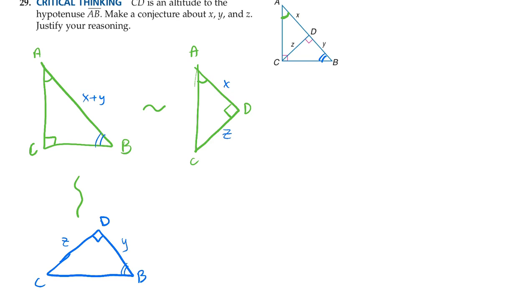So the question is, how could we relate these? Well, the way we could relate them is with these two triangles. So if these two are similar, the transitive property of similarity says these two are similar, right? And again, it's because they have a copy of angle B. So we could just use the third angle theorem to say, okay, if these two match, then their third angle matches.